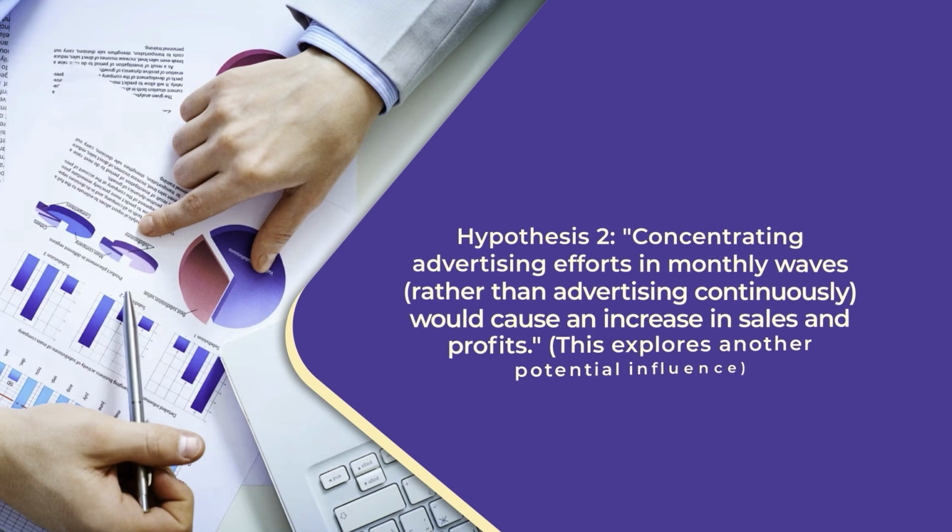So this tests a specific prediction; say this is hypothesis 1. Another hypothesis for the same scenario may be stated as: concentrating advertising efforts in monthly waves rather than advertising continuously would cause an increase in sales and profits. So this explores another potential influence.